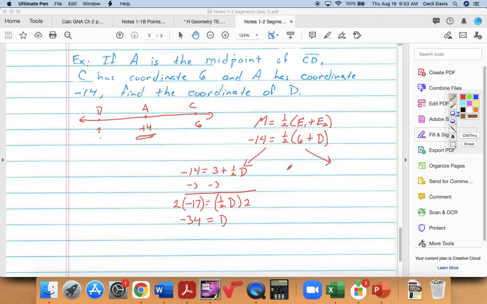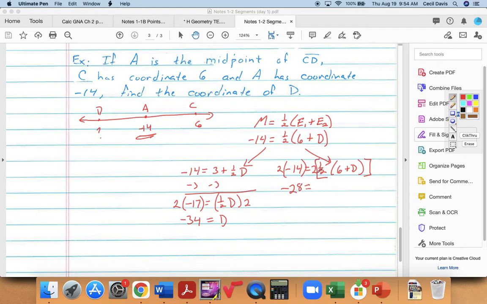is start with the equation that we had, negative 14 is equal to half of 6 plus D. And I need to get rid of this half eventually. You can get rid of the half immediately by multiplying both sides of the equation by 2. 2 times negative 14 is negative 28.